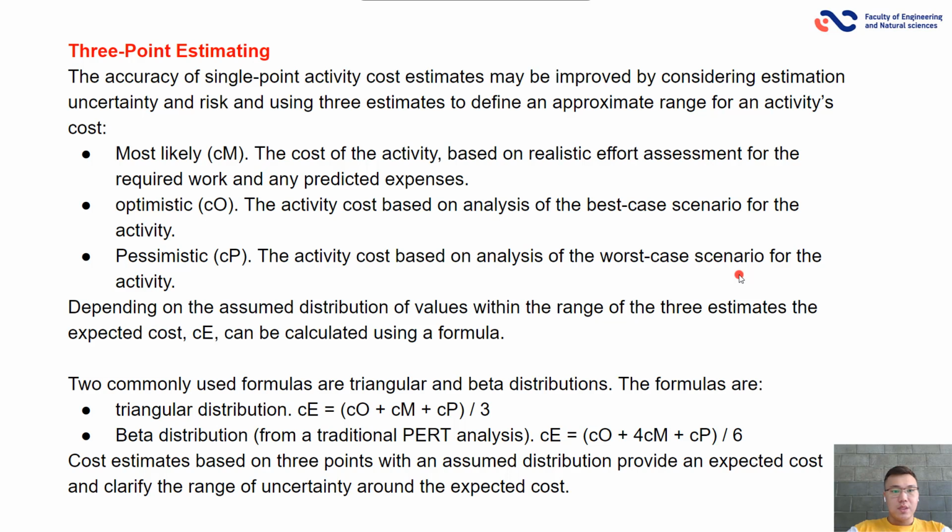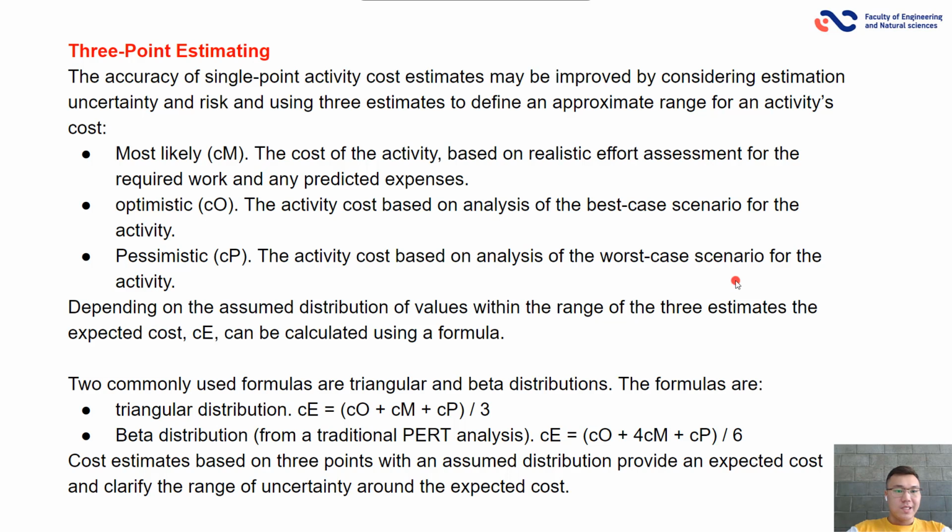The accuracy of a single point activity cost estimate may be improved by considering estimation uncertainty and risk, and using three estimates to define an approximate range for an activity's cost.